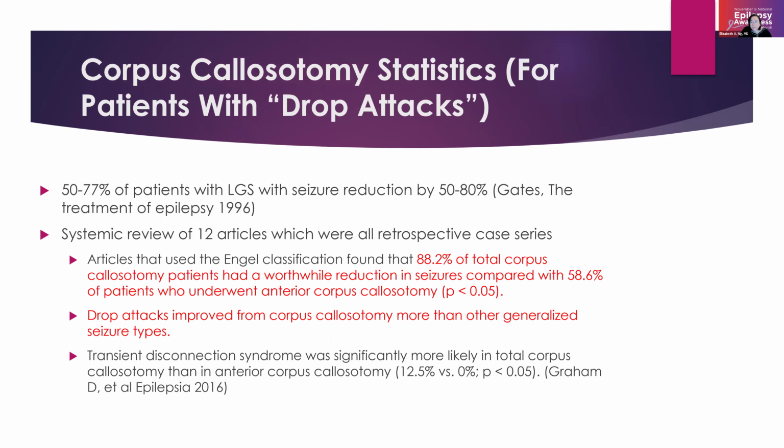So they found that individuals, like 88% of those who got total corpus callosotomy, had a worthwhile reduction in seizures versus 58 or 59% of patients who underwent anterior corpus callosotomy. So the total ones did better than the ones that had anterior corpus callosotomy. And the seizure type that responded the best to it was the drop attacks.